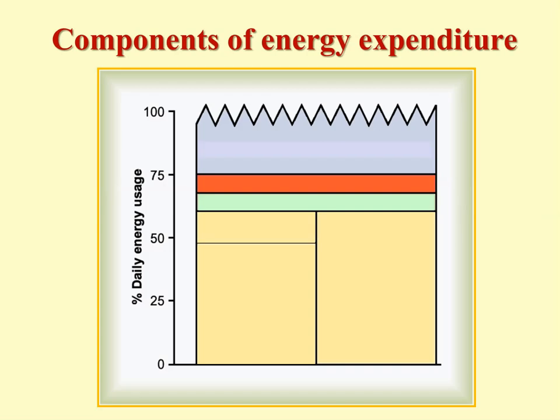Here you can see on the figure about 60% at rest, between 50 and 70, maybe 60% on average, is the contribution of the basal metabolic rate to the total metabolic rate. To the left side you can see a lower level of metabolic rate, which corresponds to the sleeping state.